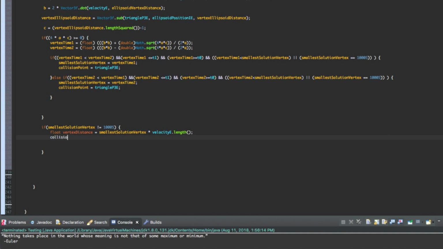And the collision packet vertex is equal to a new collision packet, so we're going to use that constructor, and we'll feed into it the collision point, which is the vertex, and also the vertex distance.